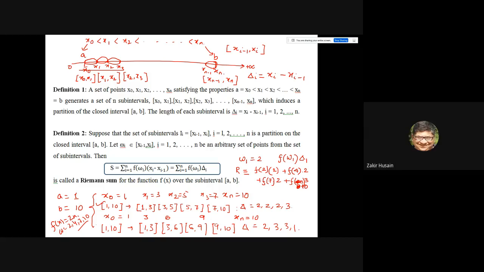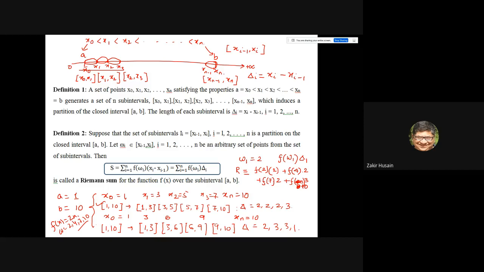So the important thing is that you're getting two different Riemann sums. And the reason is that you have split up the partition in two different ways. Now, I'm going to ask you another question. You can check this if you want. Let us take Owen's subinterval, 1, 3, 3, 5.